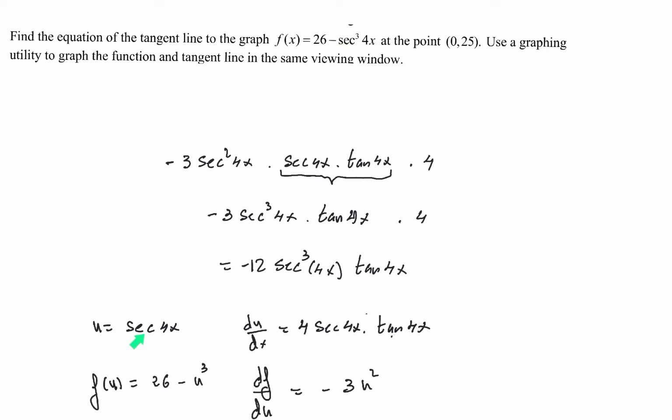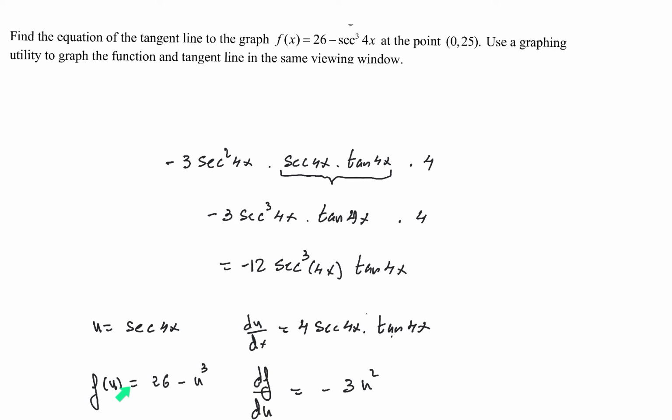We name u = secant 4x. The derivative of u with respect to x: the derivative of secant is secant tangent, so it will be secant of 4x multiplied by tangent of 4x, and I have to multiply by the derivative of 4x, which is 4. So it will be 4 times secant 4x multiplied by tangent of 4x.